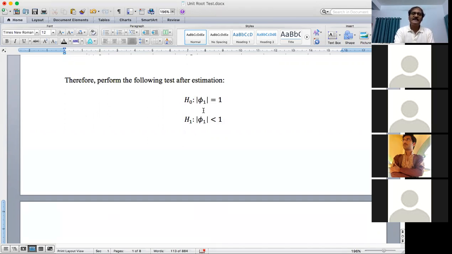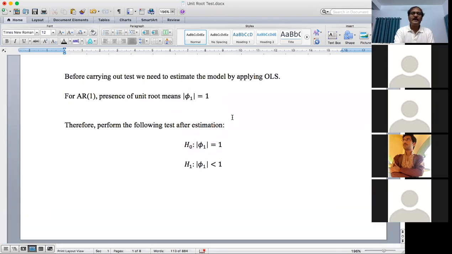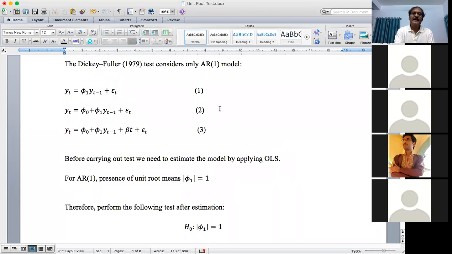Okay, and these type of hypothesis would be appropriate if we have AR1 in the form of either equation 1 or equation 2. So in equation 1 or equation 2, the null hypothesis is phi1 is equal to 1. Alternative is phi1 less than 1. In other words, for equation 1 and 2, the null hypothesis is presence of unit root, or the model is random walk.